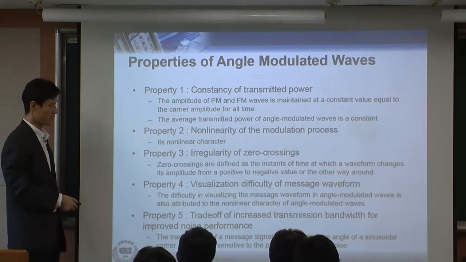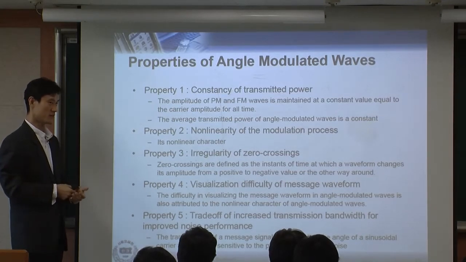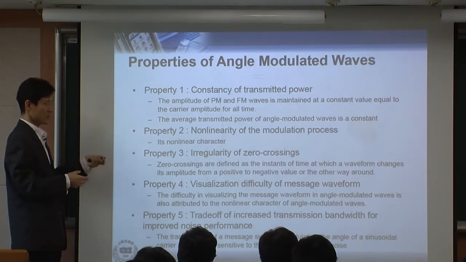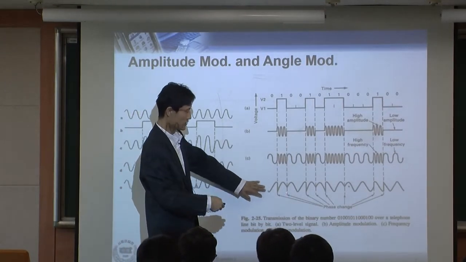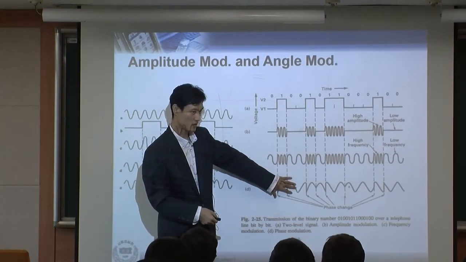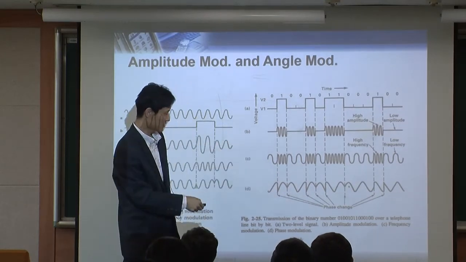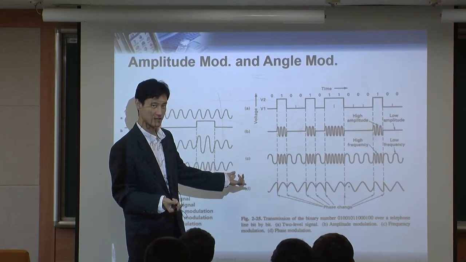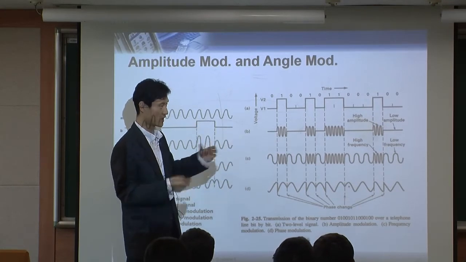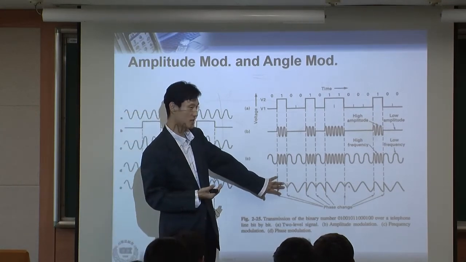And property 4, visualization difficulty. What that means is when you look at, let's say, FM modulation or PM modulation, let's take a look at the PM modulation. From this PM modulation, we don't know what is the message inside the signal. Visually, you cannot find out what is the message.